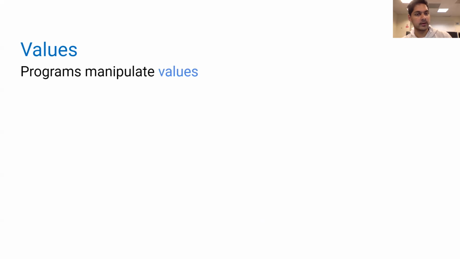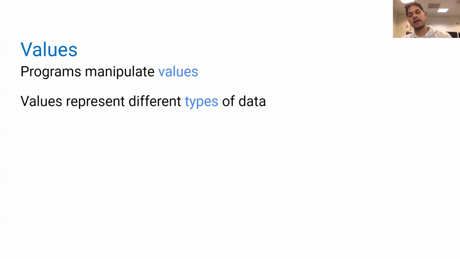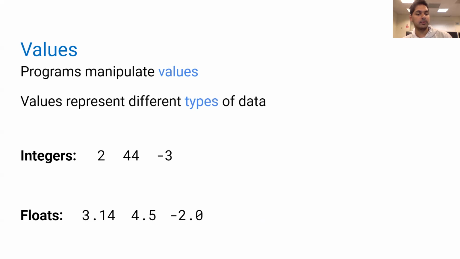More on values: essentially all programs manipulate values in some way. Values come in different data types in Python. We have integers, just like in math. We have floats, which are numbers with decimal points.